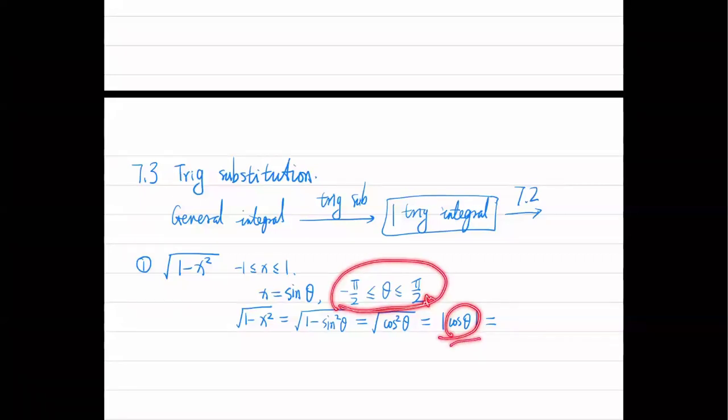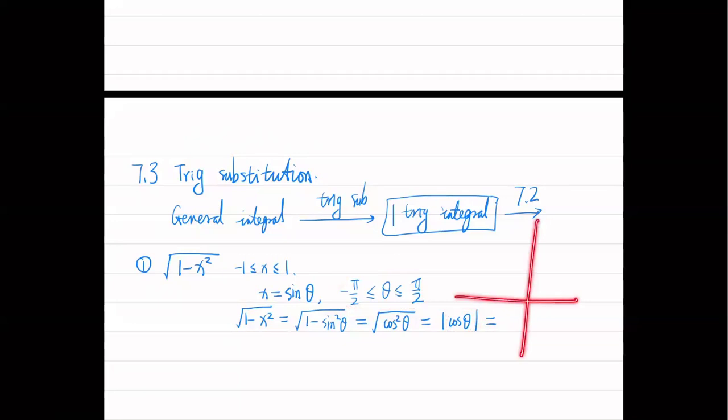If you see the graph of the cosine function from negative pi over 2 to pi over 2, on this interval this function is non-negative. So the absolute value of a non-negative number is the number itself. So this is a very important step, because it is cosine theta. Non-trivial.